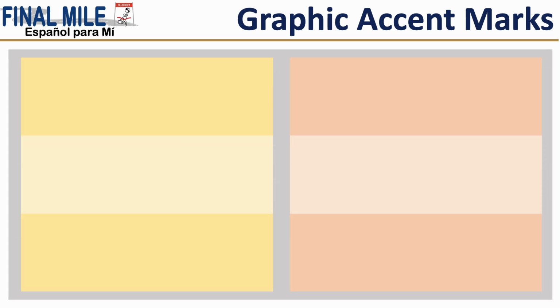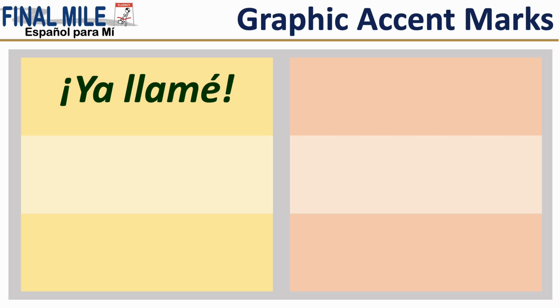Okay, let's look at why graphic accent marks are important. Okay, so that sounds ya, llamé. Notice how the E has an accent mark, a graphic accent mark. So I put emphasis there. Ya llamé.